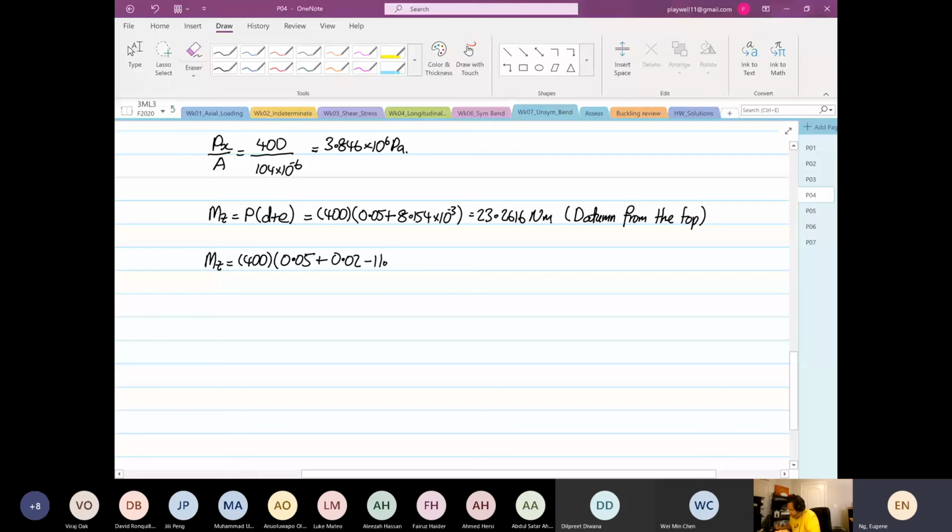So minus 11.846 times 10 to the power minus 3. So you have one extra term to consider: 0.05 plus 0.02 minus 11.846 times 10 to the power minus 3, then times 400 again. So it's all the same, 23.2616. So this is the datum from the bottom.